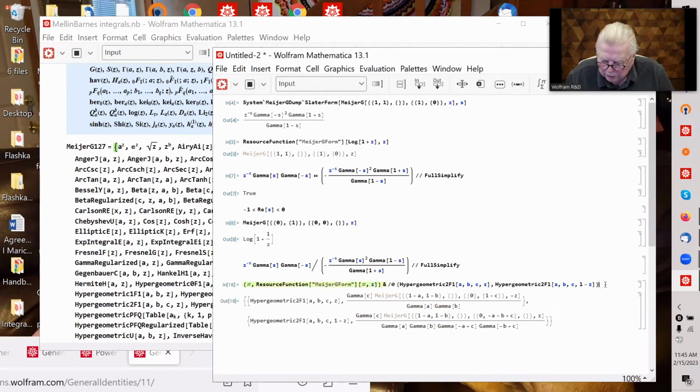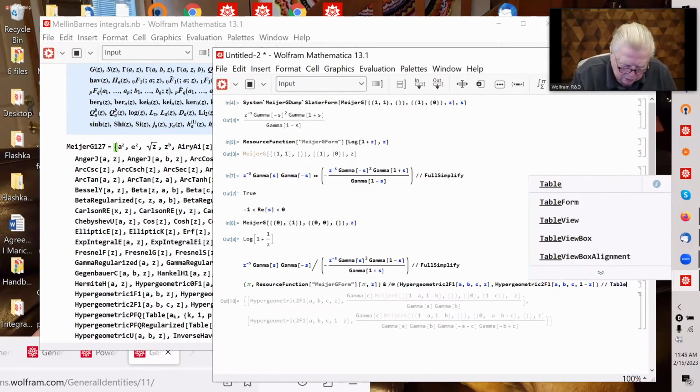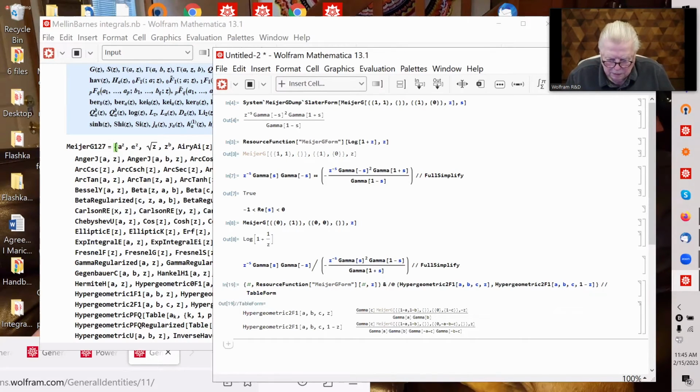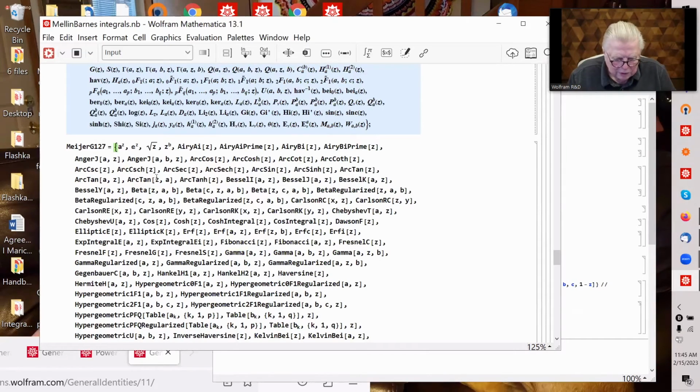And then we can do something like table form, okay? And then we can make experiment, take something from here.